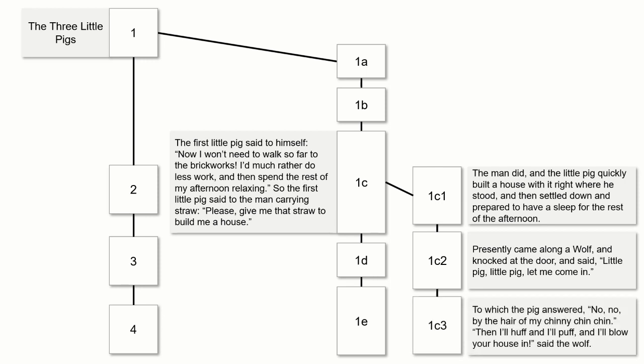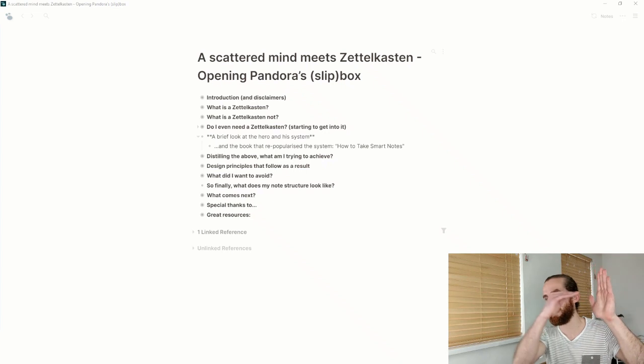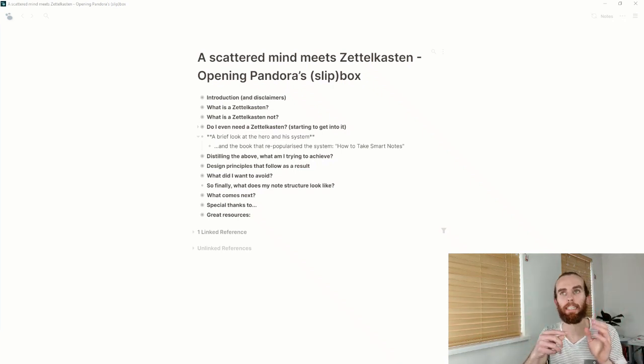The little pig answered no, and then the wolf wanted to blow his house down. So it really was a brilliant system of incrementing the number to indicate sequencing and appending either a letter or a number, which would alternate depending on what had come previously, to indicate branching or drilling down into a topic or expanding upon a topic.